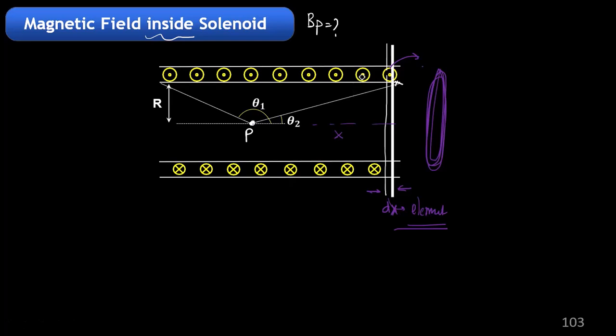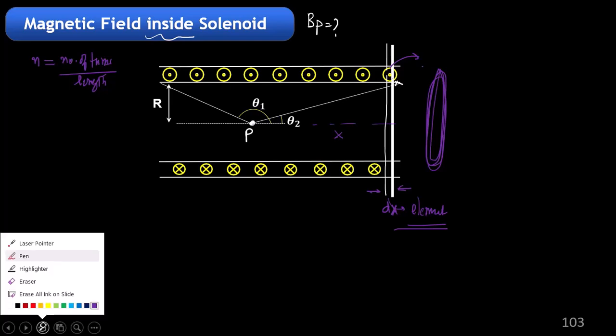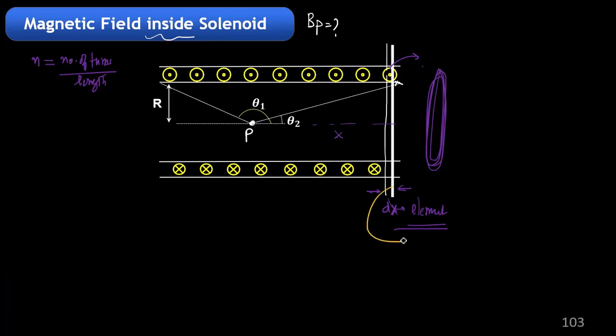What is the number of loops? Small n is the number of loops, or number of turns, per unit length. So in this particular section of coil, the number of turns should be equal to small n into dx, because dx is the length of the element.